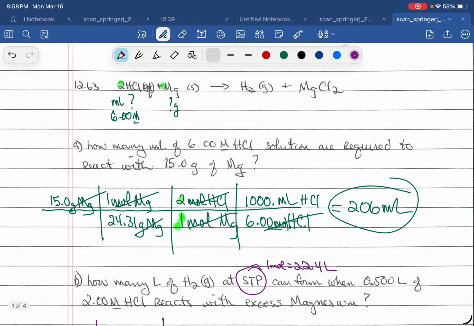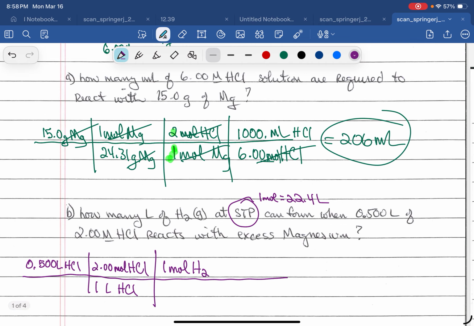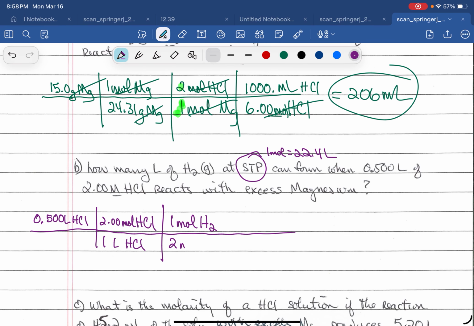We're looking for H2, so 1 mole of H2 for 2 moles of HCl. And we're looking for the liters at STP. 1 mole H2 is 22.4 liters of H2 at STP, right?